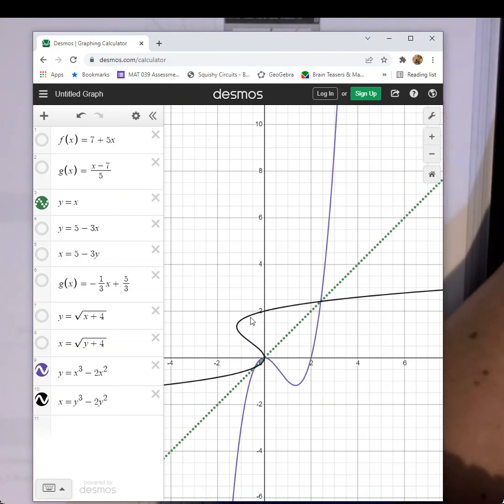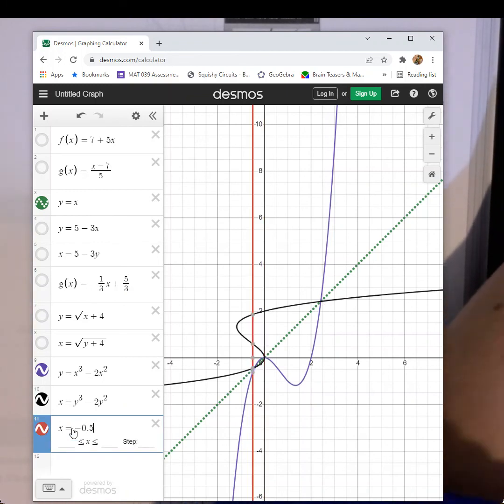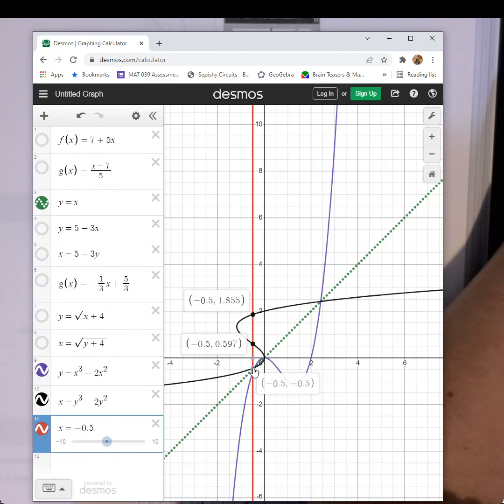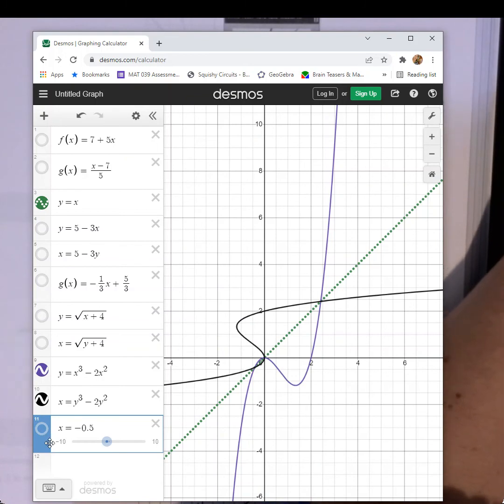You can see that they're inverses, but you can also clearly see, if you think about graphing x equals negative a half or something, that the inverse, this line right here, is not a function because it would not pass the vertical line test. I was able to graph it anyway, even though it's not a function. It's a relation.